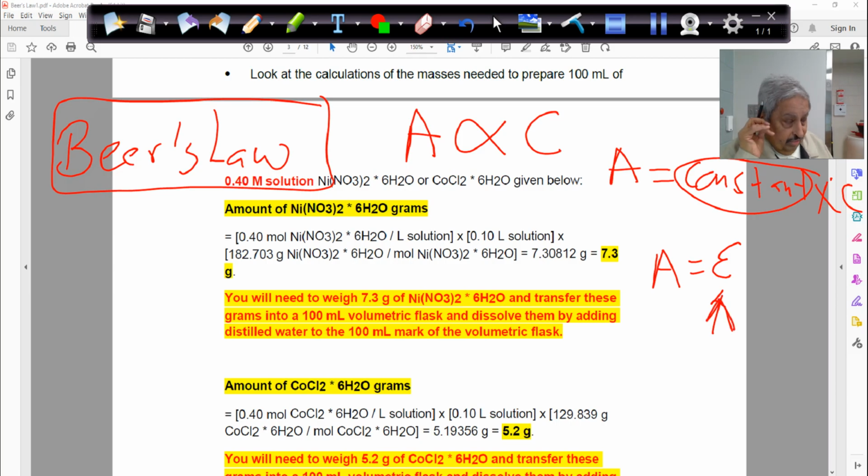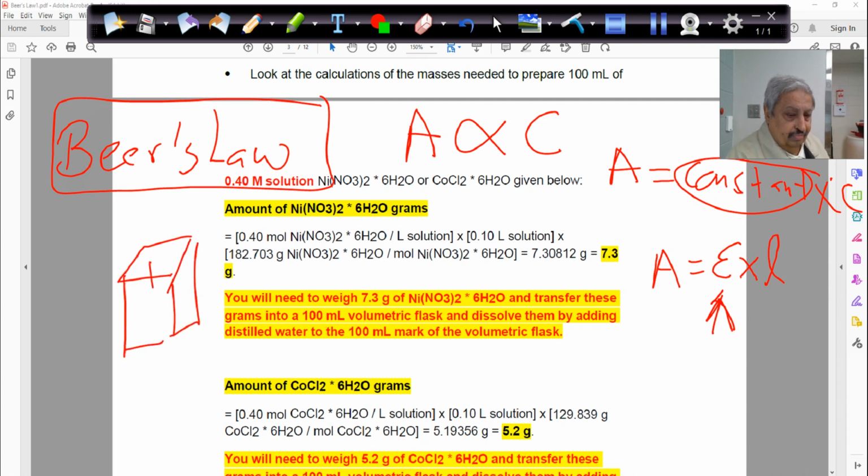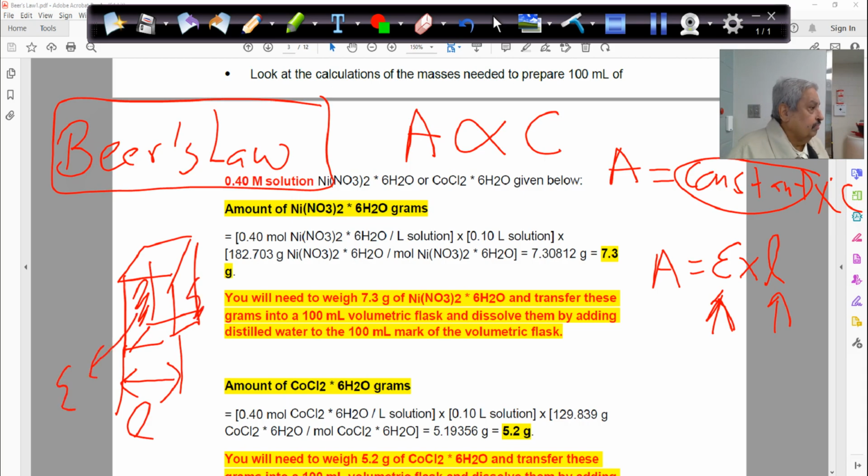That will be given to us, or we can calculate it. Multiplied by the light path going through the cell. That's the light path here, guys, from here to here, the length of this cell, or cuvette. That's L. And the material of this compound will give you epsilon. And then multiply by the concentration.